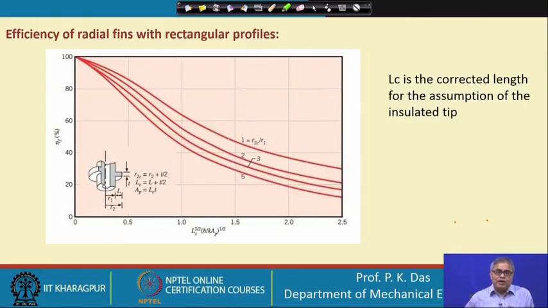So, these two fins which I have shown, the longitudinal fin on a plane surface and the circular fin over a tube surface, are very important, and will be very extensively used in our heat exchanger design. Some of these things we will discuss and use in our further classes.